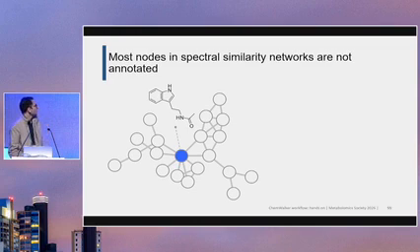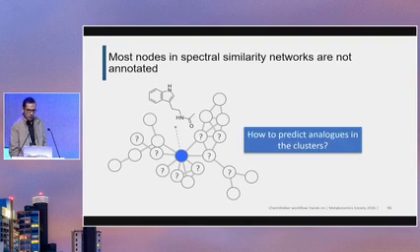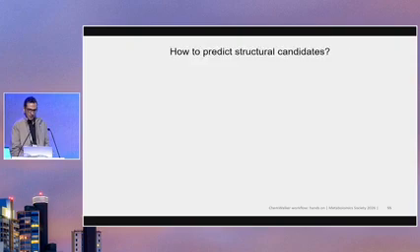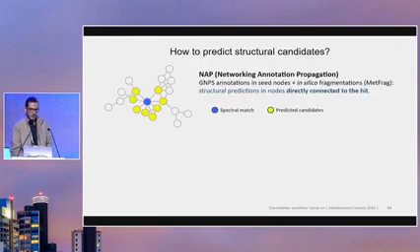We observed that most nodes in spectral similarity networks are not annotated, and the big challenge is how to predict analogs in the clusters. Thinking about that, Professor Ricardo and collaborators initially developed NAP2, Network Annotation Propagation, that combines the GNPS annotations in seed nodes with in silico fragmentation by the MetFrag tool, resulting in structural predictions in nodes directly connected to the hit, as I'm showing here.